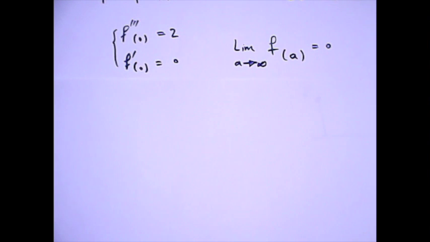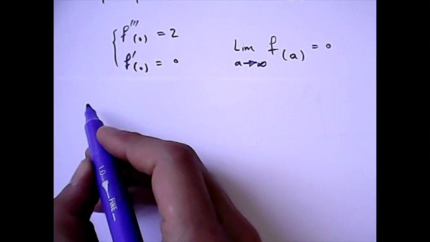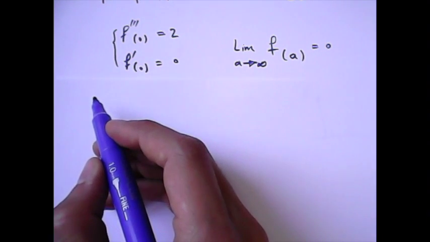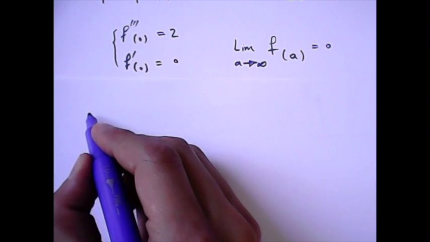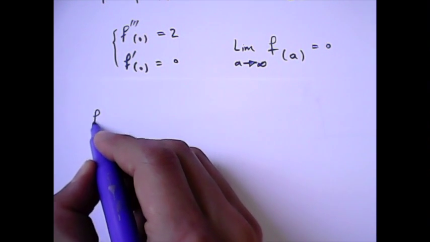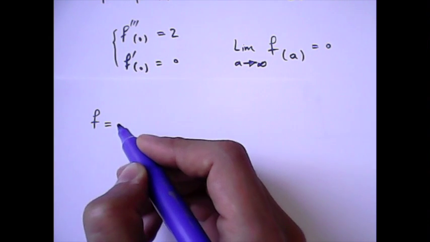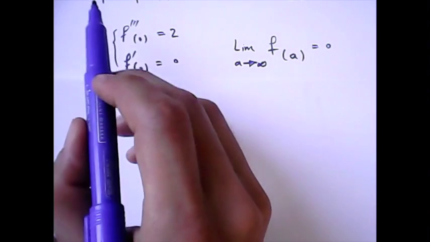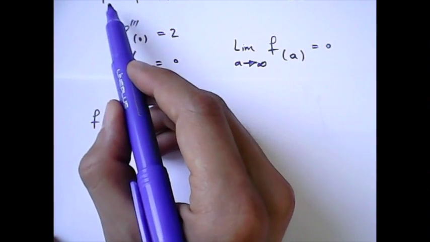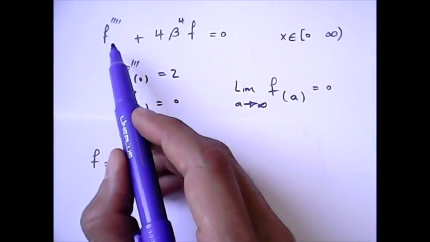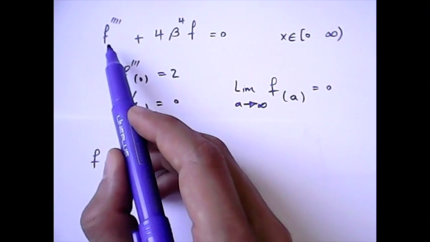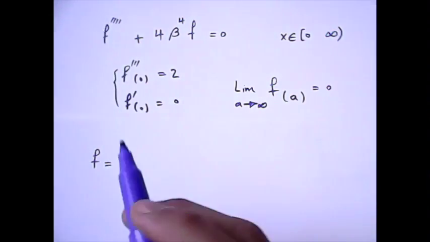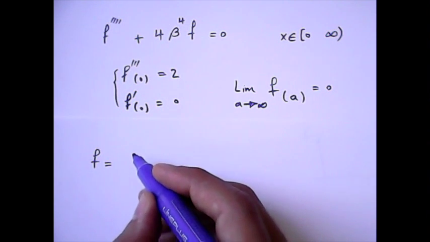We're going to do the same thing that we did in the previous example. We're going to guess the form of the solution. Again, I'm going to guess the same form for the solution. I would say f is equal to an exponential function. The differential equation is fourth order, so I will have 4 constants.